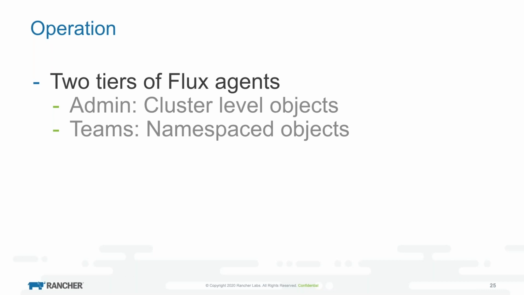So there'll be two classifications of Flux agent. You'll have one that manages your cluster level objects, so your namespaces, your cluster role bindings, CRDs, things like that. And then you'll have team level or group level agents that are limited to having write permission at only namespace level objects.